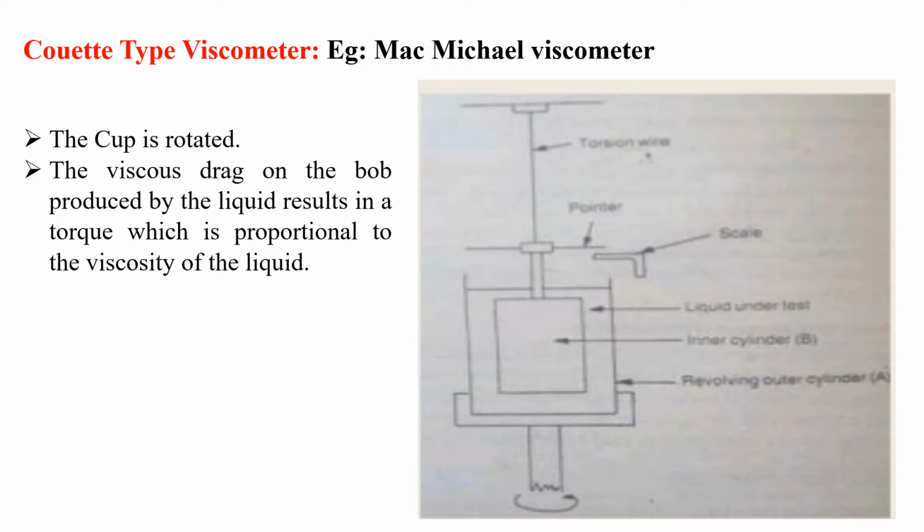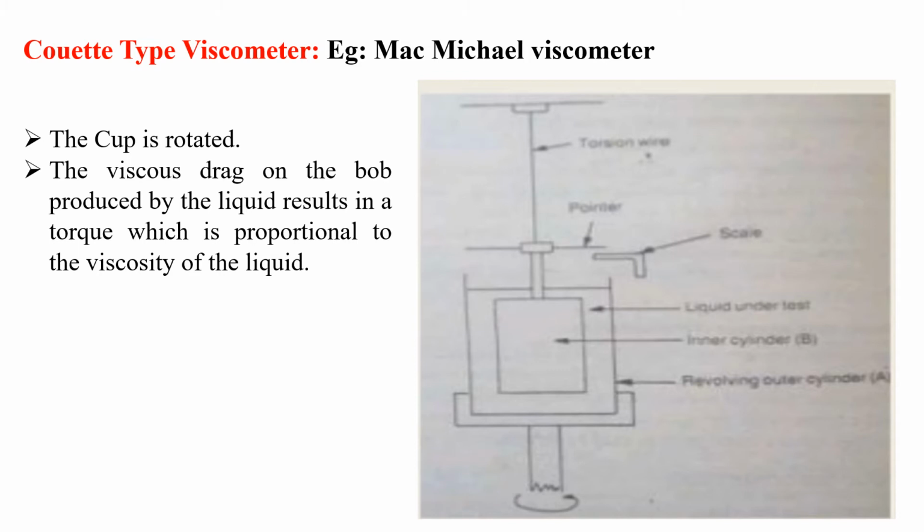Now, if the cup rotates, what happens to the sample? The sample keeps on rotating, and if it is too viscous, during this movement there will be some force acting on the bob, because a viscous sample causes some resistance.